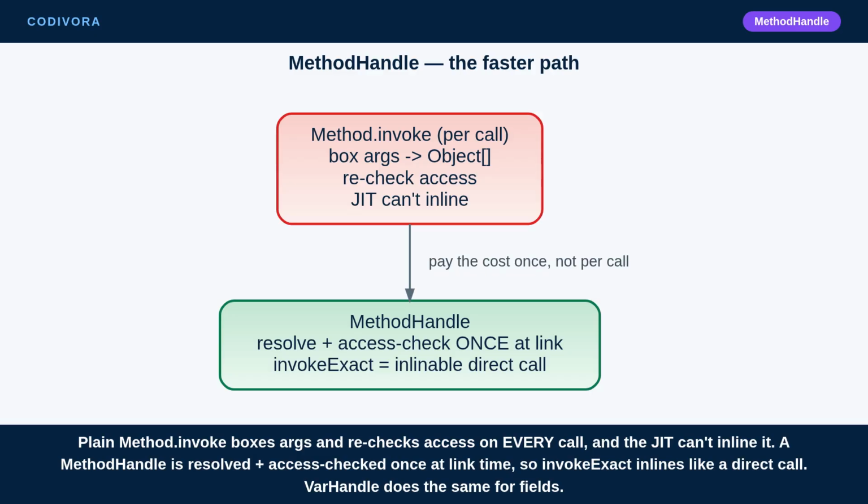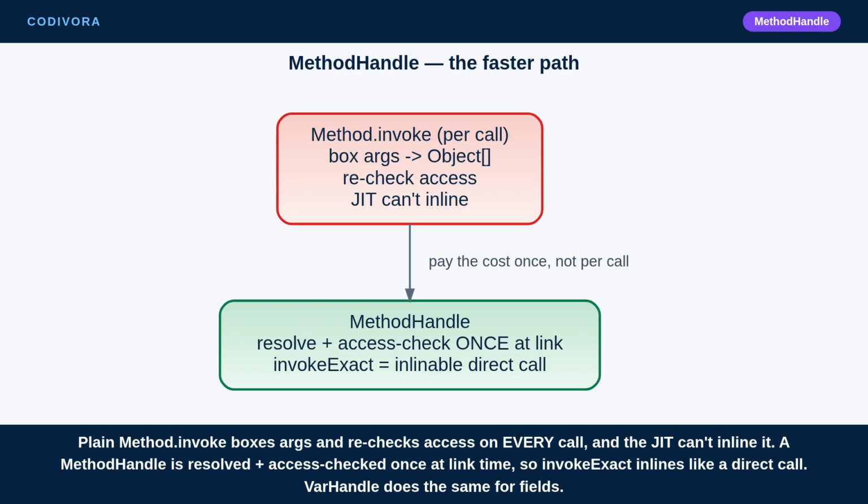Why is plain reflective invoke slow? And what's faster? Method.invoke pays a tax on every call. It boxes the arguments into an object array, rechecks access, and the JIT usually can't inline through it. A method handle fixes this. You resolve and type check the method just once, at link time, through a lookup that carries your access rights, producing a handle.